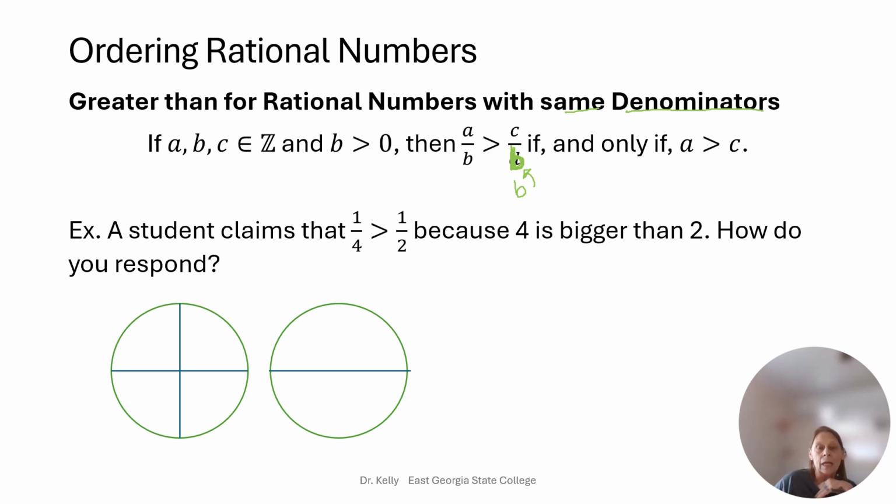My bad. Anyway, here's an example of how you could explain this to a student, because this definitely comes up. Even for me, I deal with this. A student claims that 1/4 is bigger than 1/2 because 4 is bigger than 2. This is going to be really, really common. There's a couple of ways you can explain it.